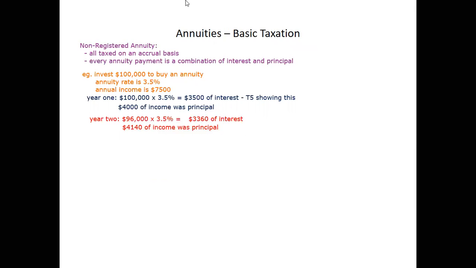Theoretically, if you live long enough, you could end up in a position where there's no more interest paid at all, or very near zero. That's right. So that's your off-the-shelf, generic, non-registered annuity, nothing fancy, very, very simple.